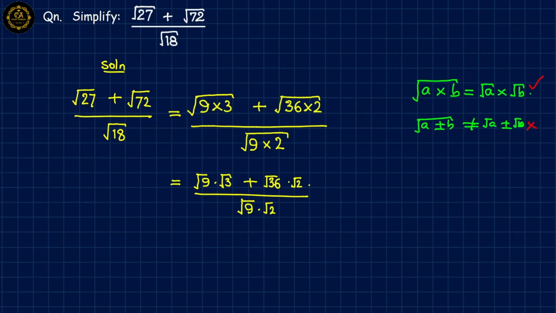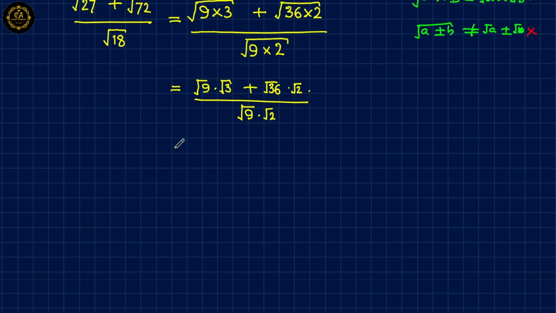For the square numbers, we can get their square roots, where we have 3 root 3 for the first term, and the second term we have 6 root 2, over 3 root 2. Now, there's a common factor of 3 and 6, and that is 3.